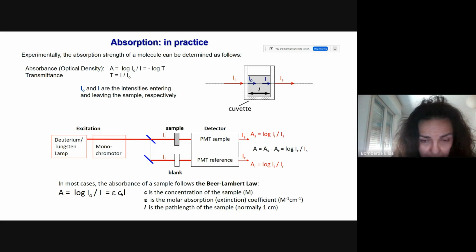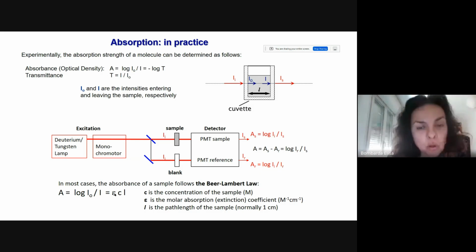It's called extinction coefficient because it's related to the ability of the molecule to absorb light. The higher it is, the higher the absorbance, which means the lower the transmittance. So it extinguishes practically the light.